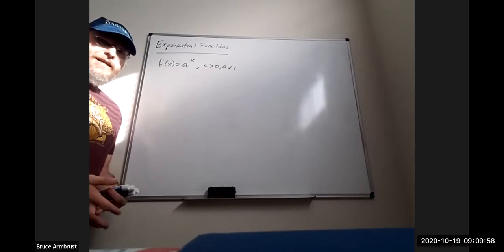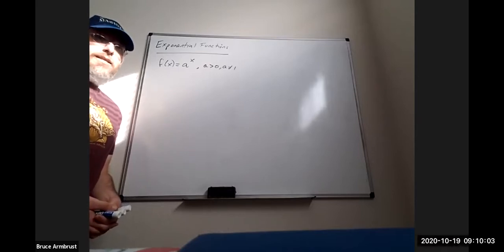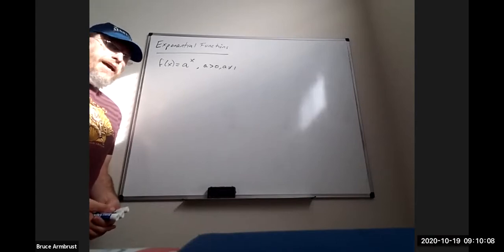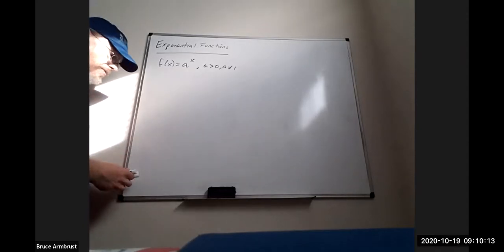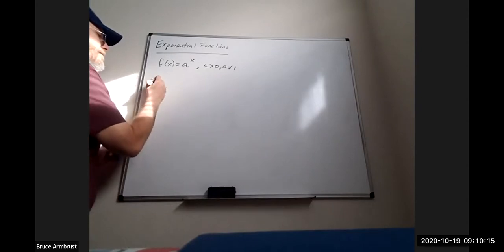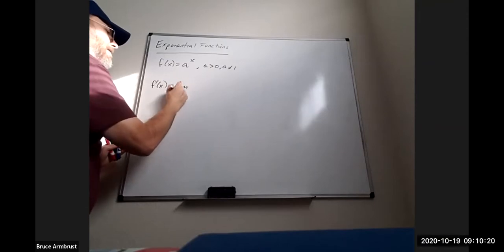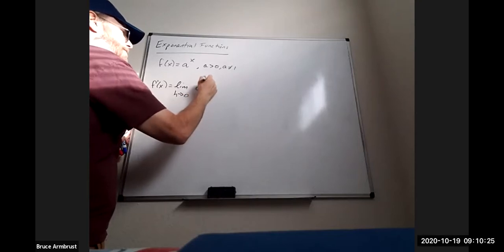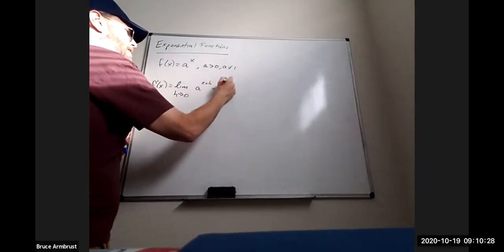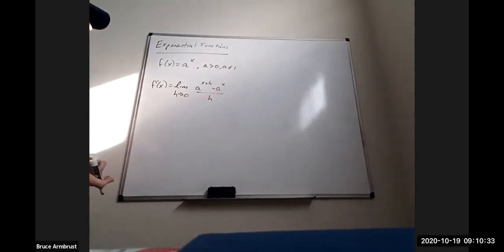Well, let's actually just start with the definition. Let's look at the definition of the derivative and see what we can kind of gather from this. All right, so if we're going to try to find f prime, it's going to be the limit as h goes to 0 of a to the x plus h minus a to the x over h.